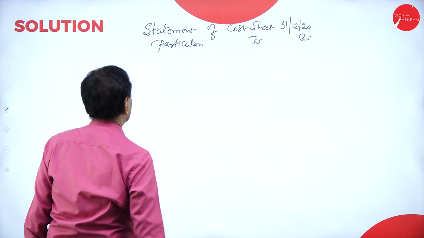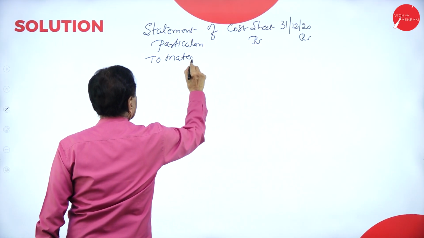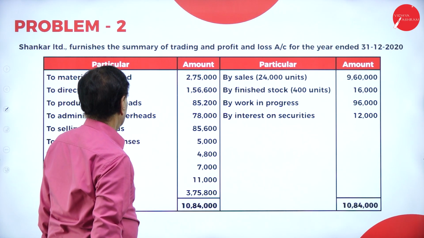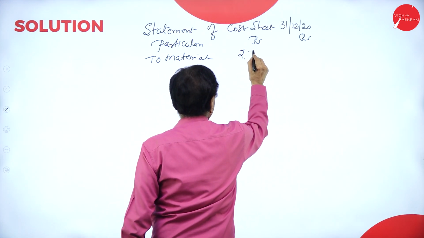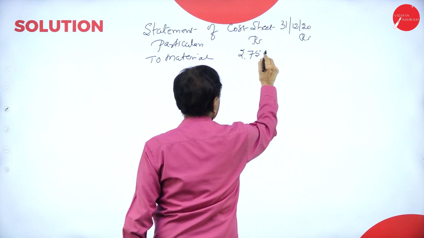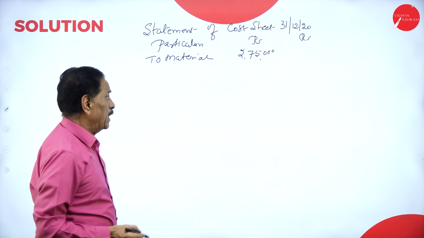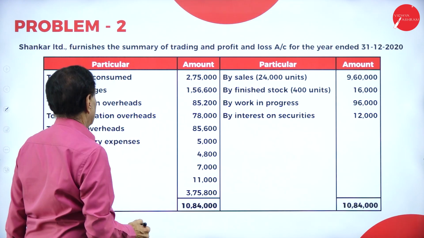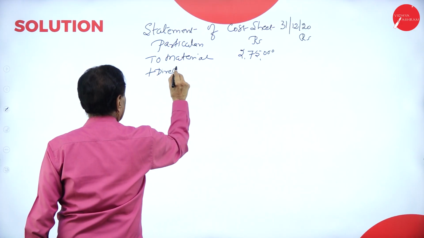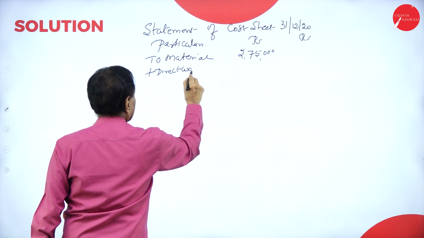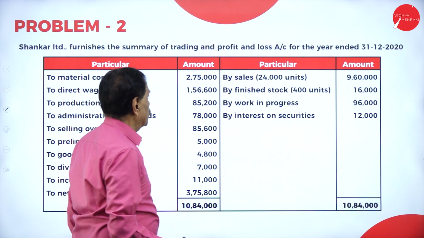Material consumed, what's the value? 2,75,000. You have to prepare the cost sheet. So material is 2,75,000. Plus direct wages. What's your direct wages? 1,56,600.